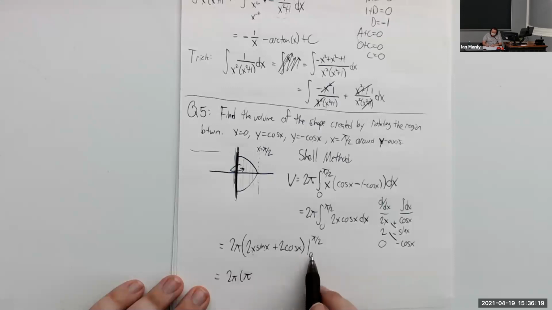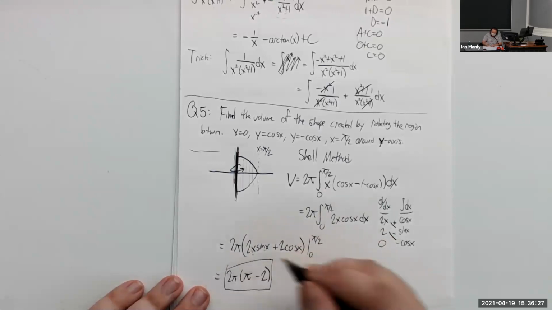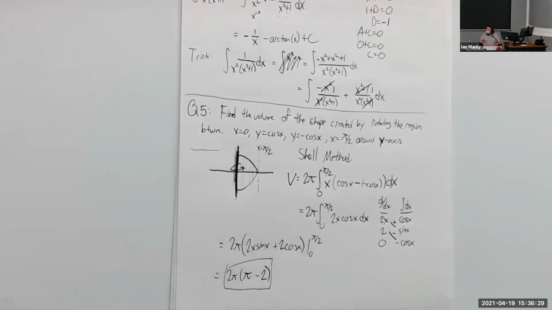I plug 0 into here, I get 2, but I'm subtracting because it's the bottom bound, so this is minus 2. So I end up getting 2 pi times (pi minus 2). So use tabular for sine or cosine times a polynomial, or e to the x times a polynomial.